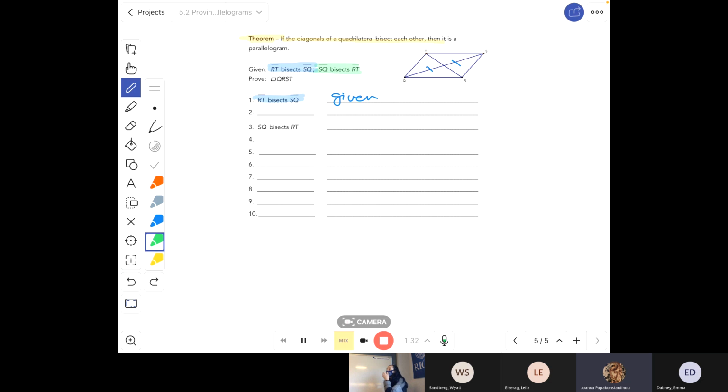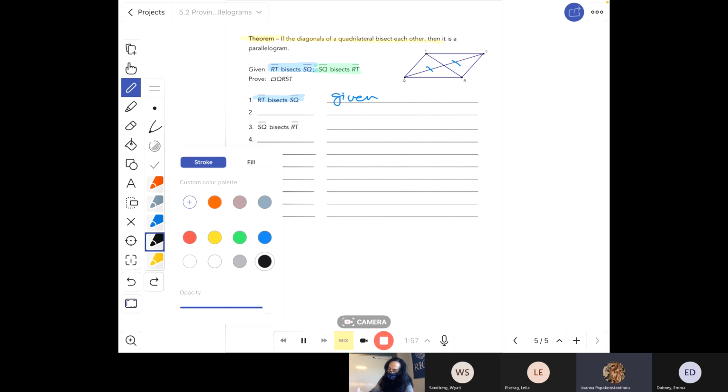You could define a point and you could use it. Absolutely. In fact, let's go ahead and do that. But wouldn't line 2 be where we introduce the point so that we can state those segments? You are absolutely correct. So let's go ahead and define that.